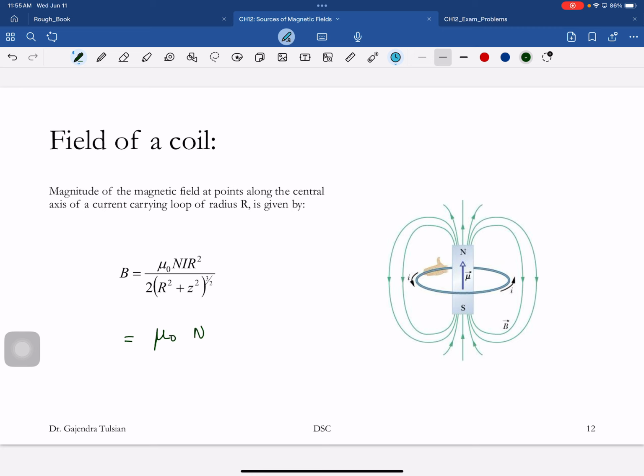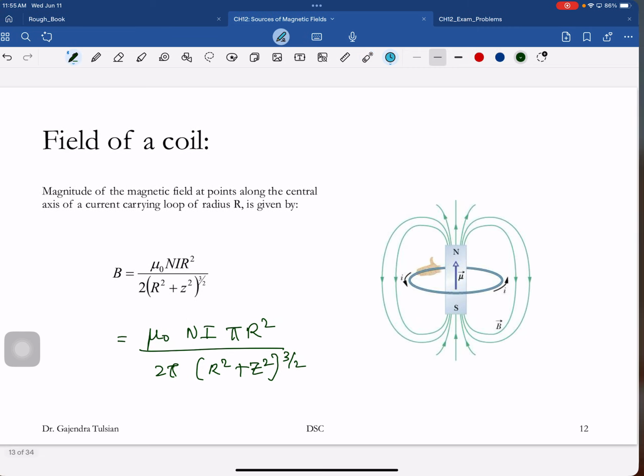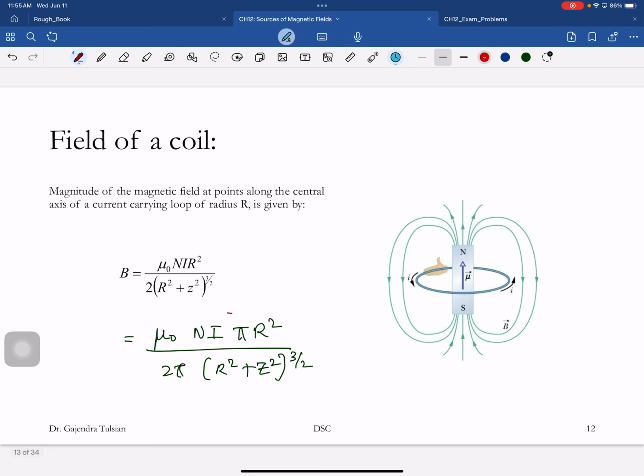N I will multiply pi R squared, and so the denominator becomes 2 pi (R squared plus Z squared) to the power 3/2. Why did we do that? Well, N I area, this fellow here, is mu, the magnetic moment, the strength of this magnet.